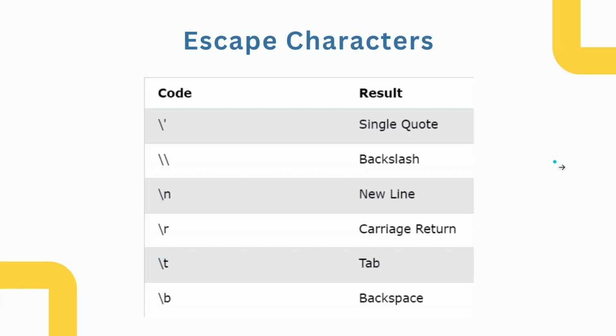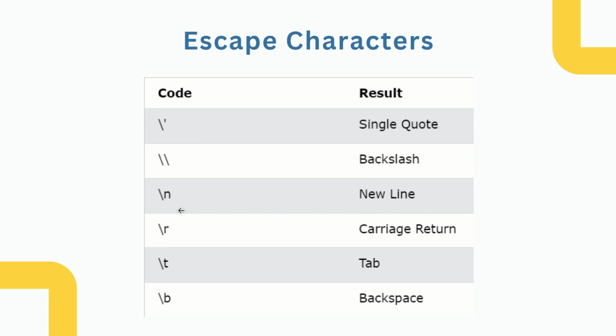So escape characters. Now in Python there are escape characters which do not get printed inside the string. So even if you write this inside the string, the backslash will not be printed. So escape characters are for many uses. Now let's say, for example, if you want to go to a new line without using multi-line strings, then you can use the new line escape character, which is backslash n.